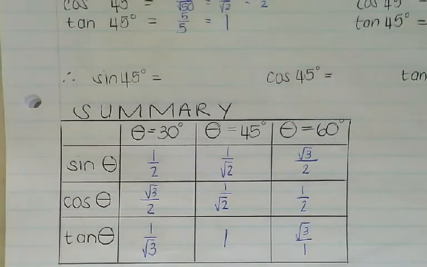Okay, so we obviously needed to know that to be able to do what comes next. Now whenever you see a special angle, I want you to cut it and replace it with what that fraction is.